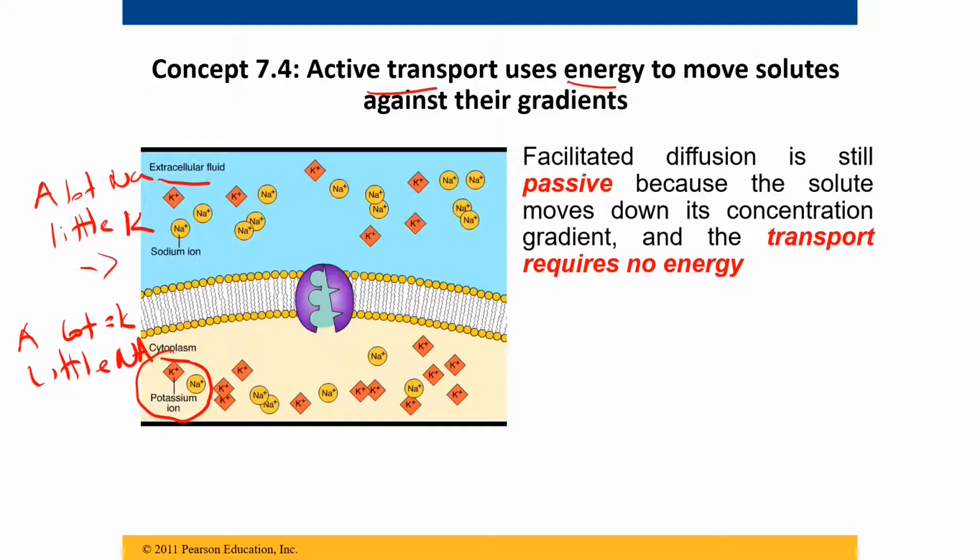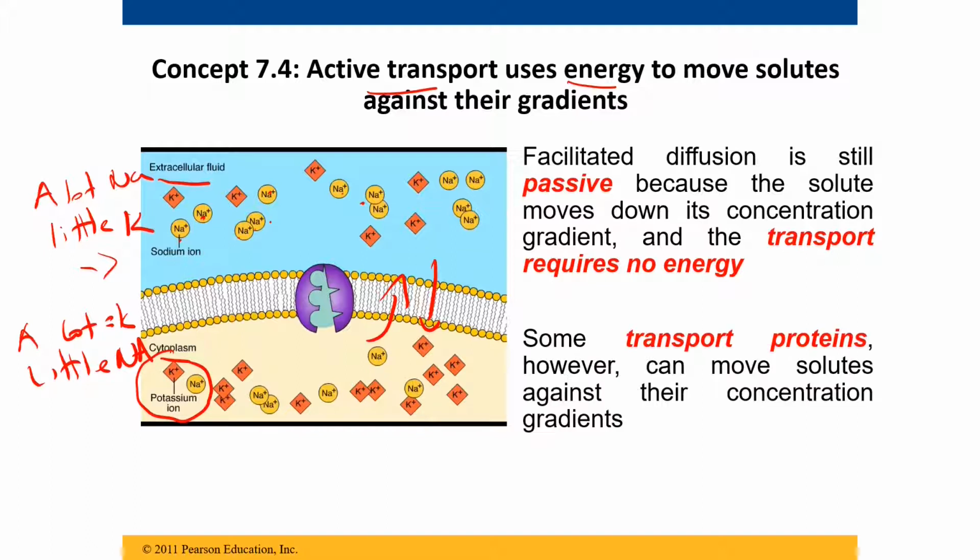Okay, maybe you noticed that in the extracellular fluid, there is a lot of sodium. You see a lot of these yellow circles, but very little potassium, and in the cytoplasm it is the opposite. And what generally happens here is that through diffusion, we will have an interchange of molecules and they will be in equilibrium.